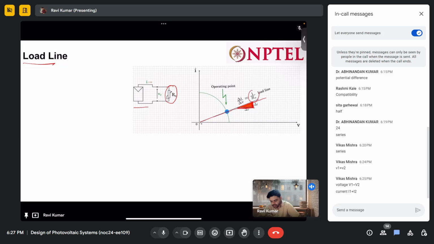At this point, what will happen to the load line?